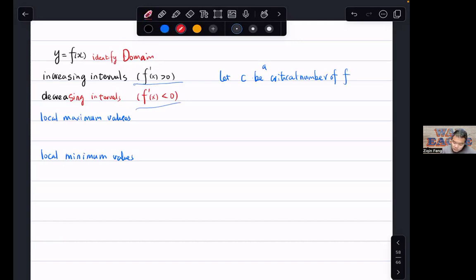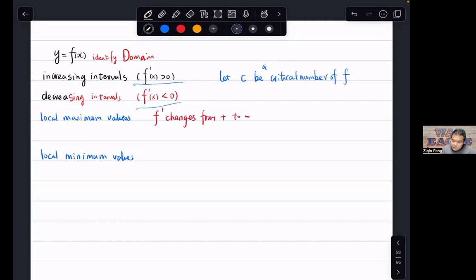If f prime changes from positive to negative, this is the first derivative test, which means our function goes from increasing to decreasing, then you get a local maximum value.